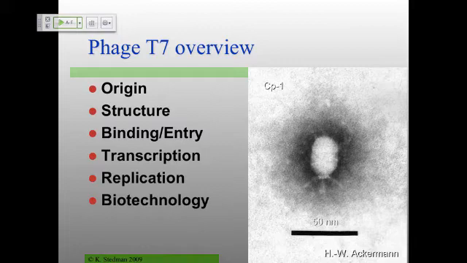We'll talk a little bit about binding and entry, and in the last couple of years we've learned a lot more about binding and entry, and I have a nice little video about that from a Science paper from 2 years ago. Transcription, really a lot of what's going on in Bacteriophage T7 has to do with transcription and transcriptional regulation. Replication is actually pretty boring and easy with the exception of those concatamers. And then we'll talk about biotechnology again, mostly using the T7 RNA polymerase.